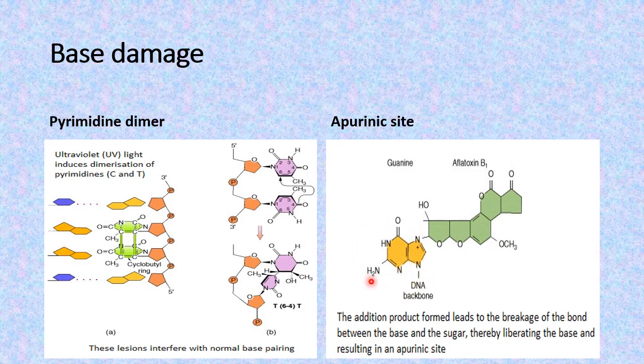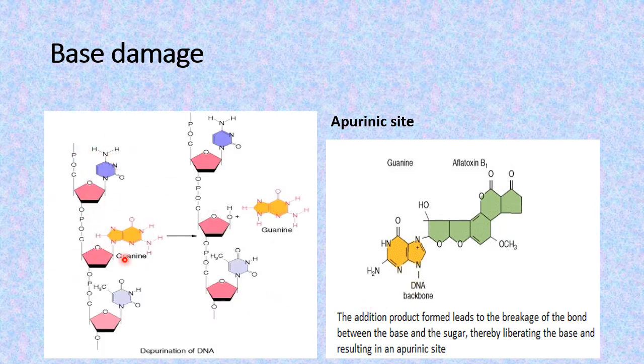That is, it separates the nitrogen base from the backbone, and this leads to the formation of a purinic site because the purine guanine is being separated from the backbone.